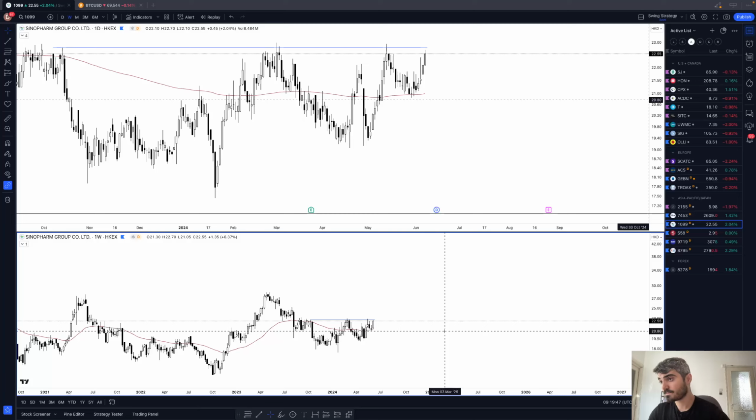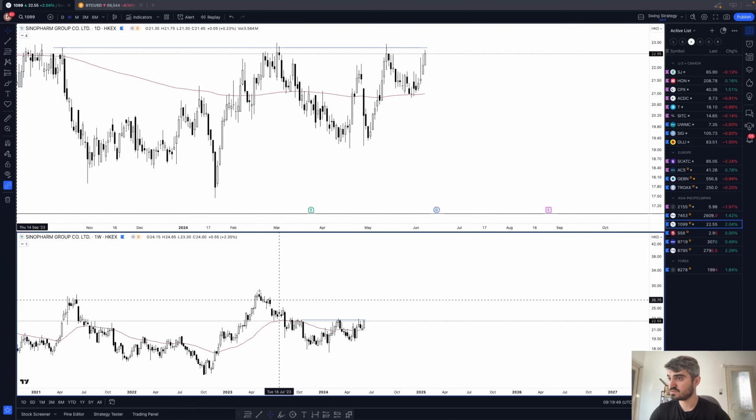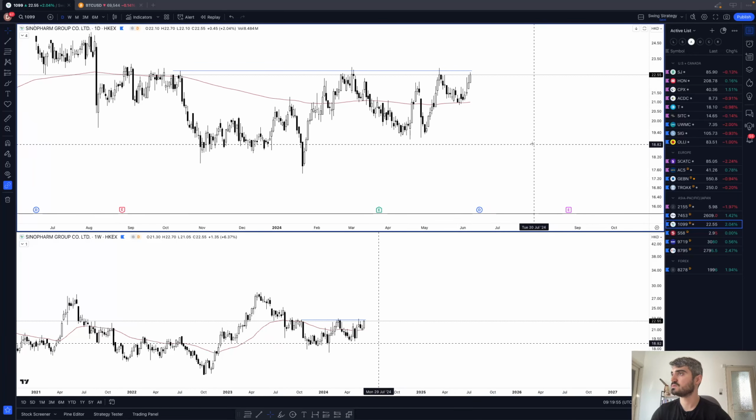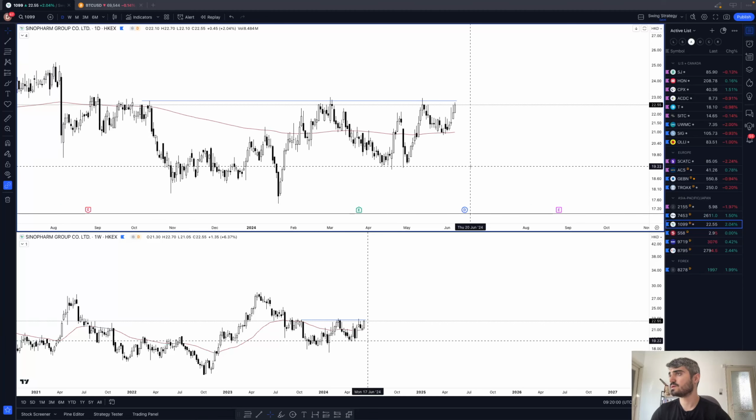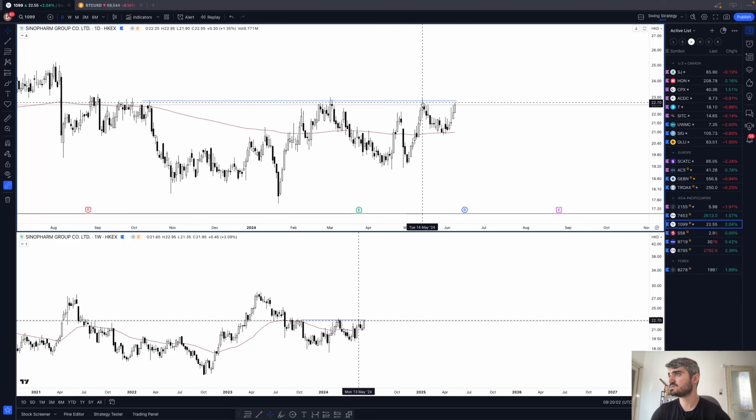A reversal pattern, reversing this short downtrend. Price action leading to, let's say, it's okay. I mean, this strong leg up is favorable.